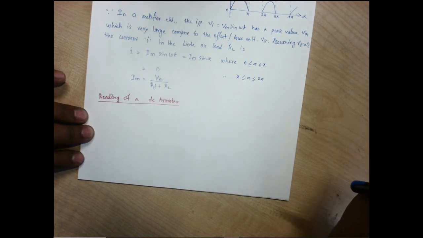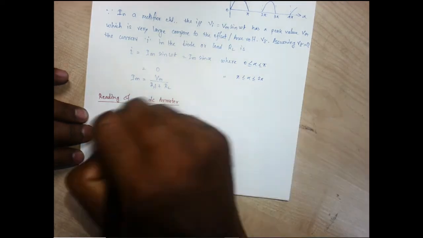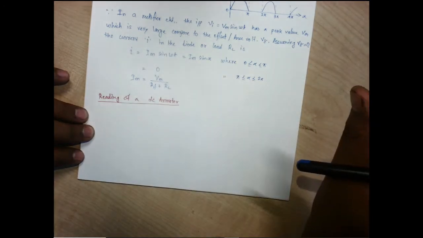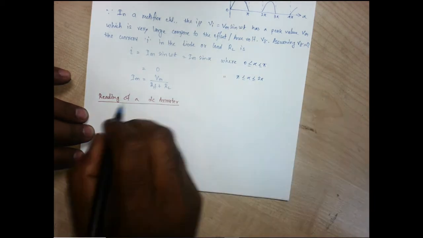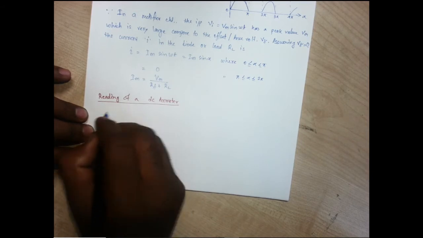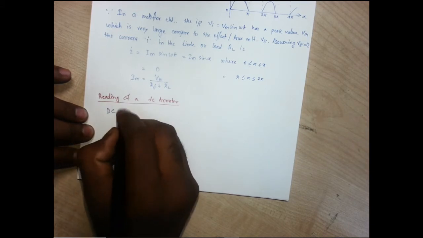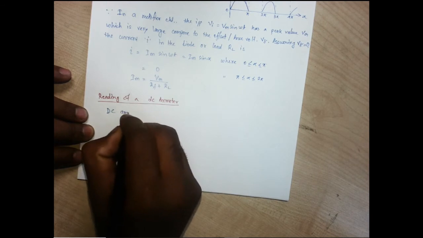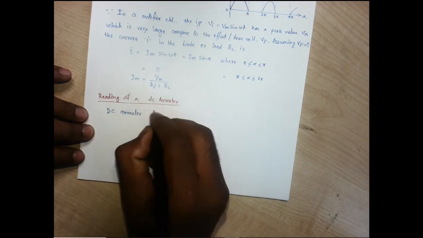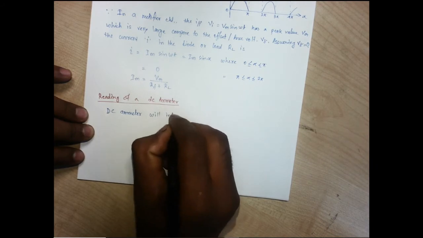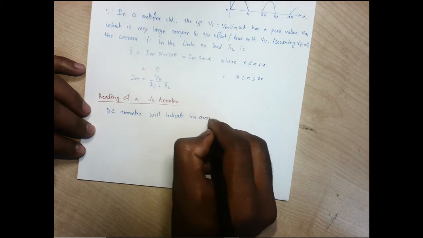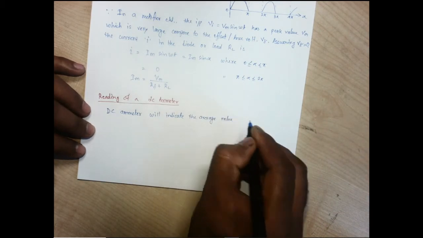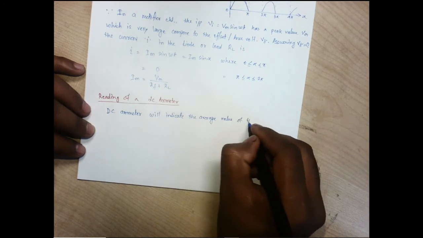The DC ammeter is basically constructed so that whenever the needle has a certain deflection, it indicates the average value of the current passing through it. So simply, the DC ammeter will indicate the average value of the current.